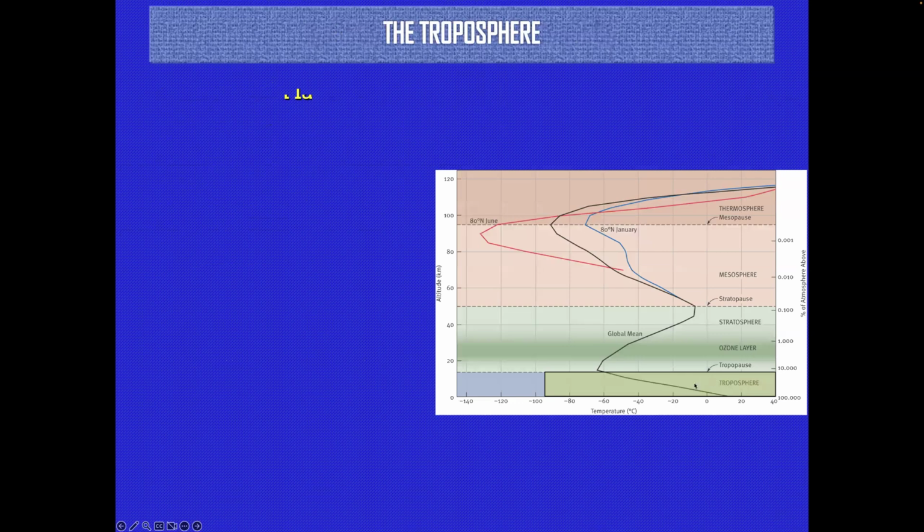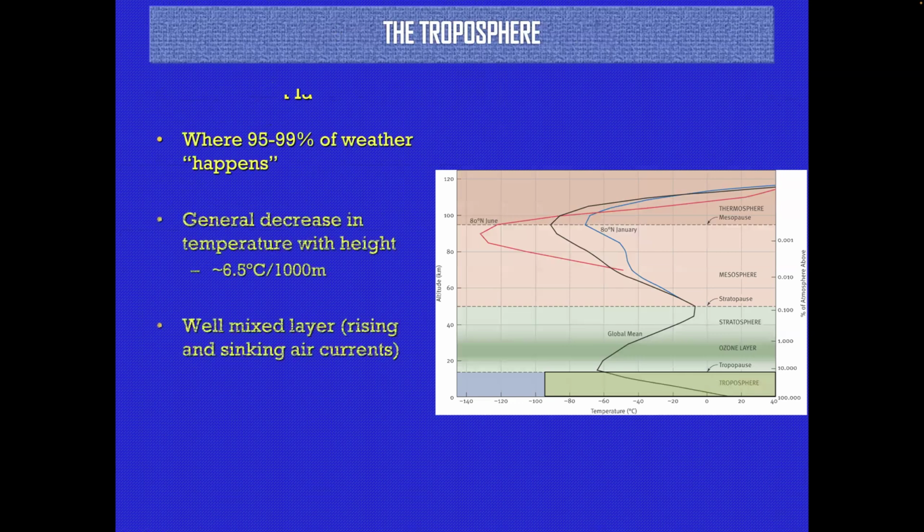So the troposphere first. So this is where 95 to 99% of weather happens. The temperature generally decreases with height at that rate, roughly, the average, about 6.5 degrees Celsius per 1,000 meters. And it is very, very well mixed, and you see that in weather, right? Weather is a mixture of air.